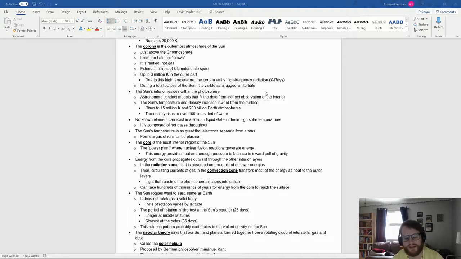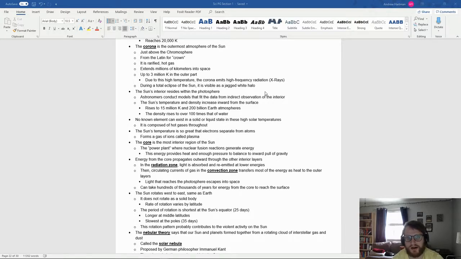No known element in the periodic table can exist in a solid or liquid state in these high solar temperatures, which is why the sun is composed of hot gases. The sun's temperature is so great that the electrons are constantly separating from atoms. We talked recently about how electrons move up energy levels by absorbing energy either through heat or light.